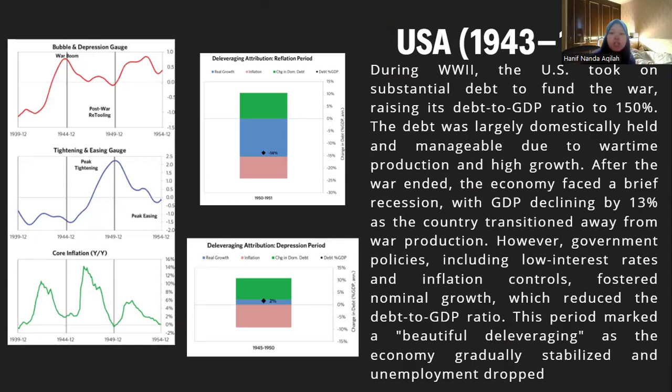However, government policies, including low interest rates and inflation controls, fostered nominal growth, which reduced the debt to GDP ratio. This period is marked as a beautiful deleveraging as the economy gradually stabilized and unemployment dropped.